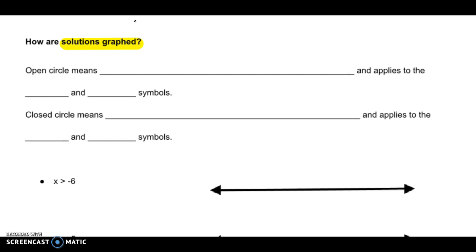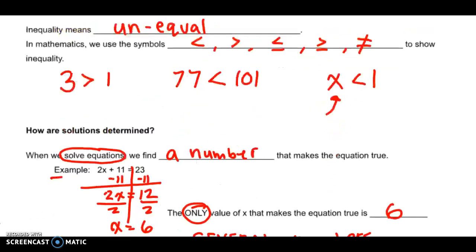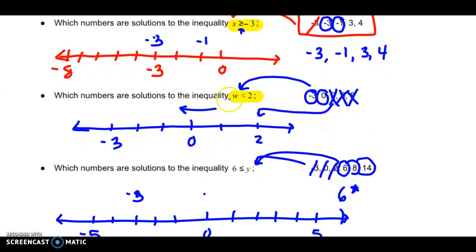And we use different types of circles depending on the scenario. If we use an open circle, it means that the number is not a solution. And we saw that on that front page when we got down to these examples. For example, this one, W is less than 2.